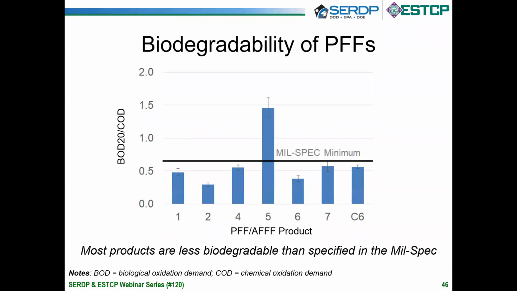So what about the biodegradability? We look at the biological oxygen demand during biodegradation of these products, BOD in 20 days, divided by the chemical oxygen demand, which is the total oxygen demand, and that ratio is biodegradability, and the requirement is for 65%. So as you can see, except for one product, most others are close to 50% biodegradability. So not meeting the spec, but pretty close.